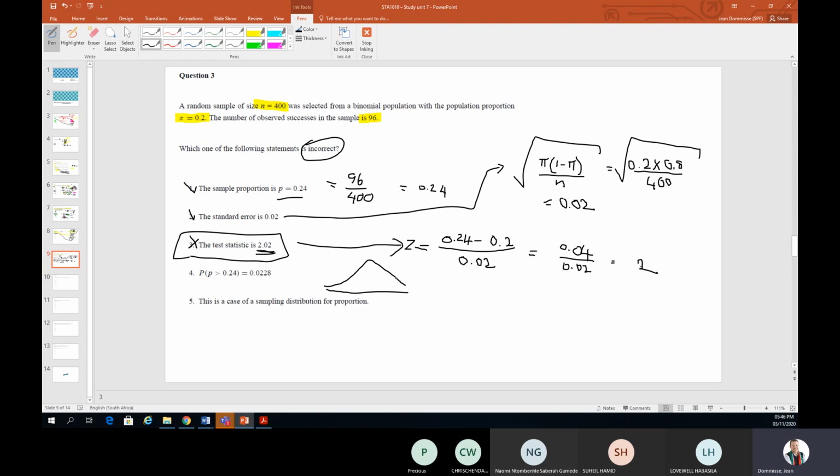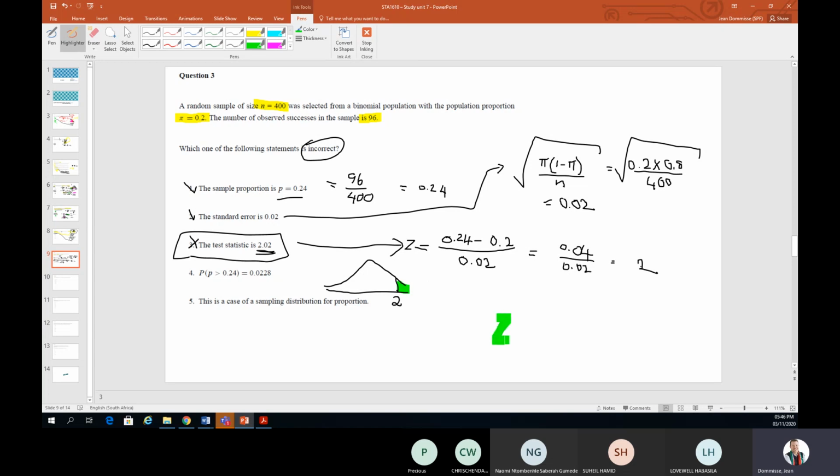So let's just check if there's not something weird in that one. So the probability that the sample proportion is bigger than 0.24. So we've worked it out there. So we basically want to get the probability of that small area. So again, we use the Z table.